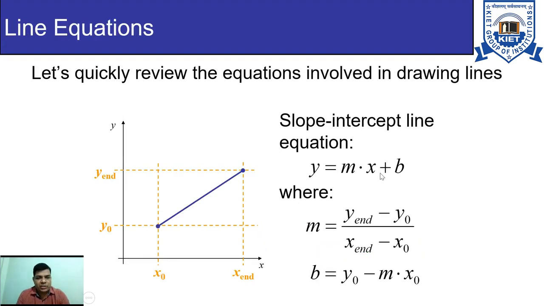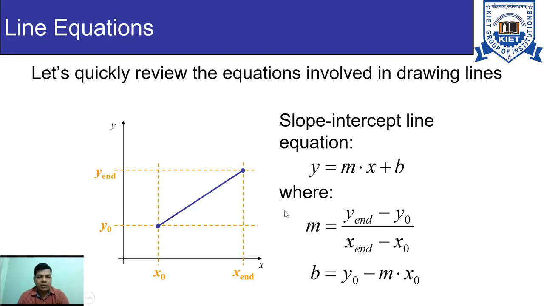So before moving to the DDA algorithm, here is some simple mathematics to draw a line. We know that in the Cartesian coordinate system, whenever you are dealing with line equations, the equation of a line is y = mx + b, where m is the slope of the line and b is the intercept.